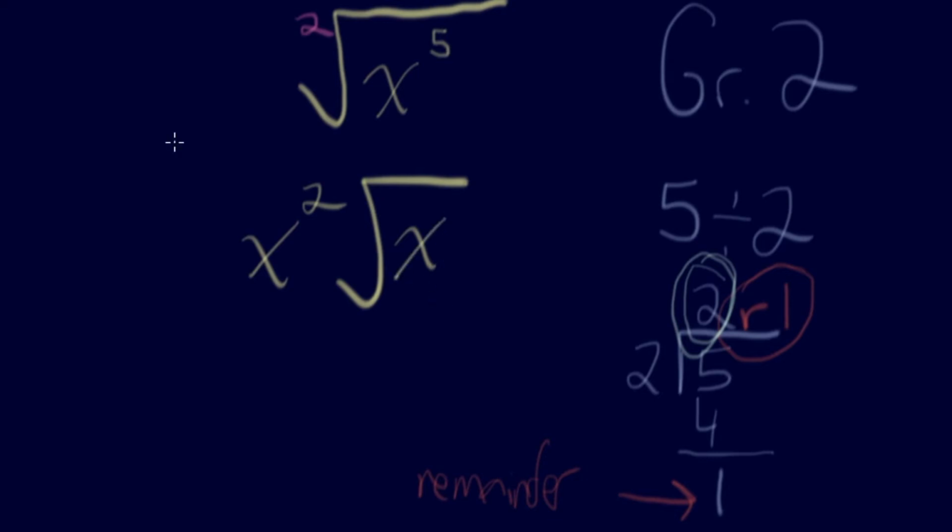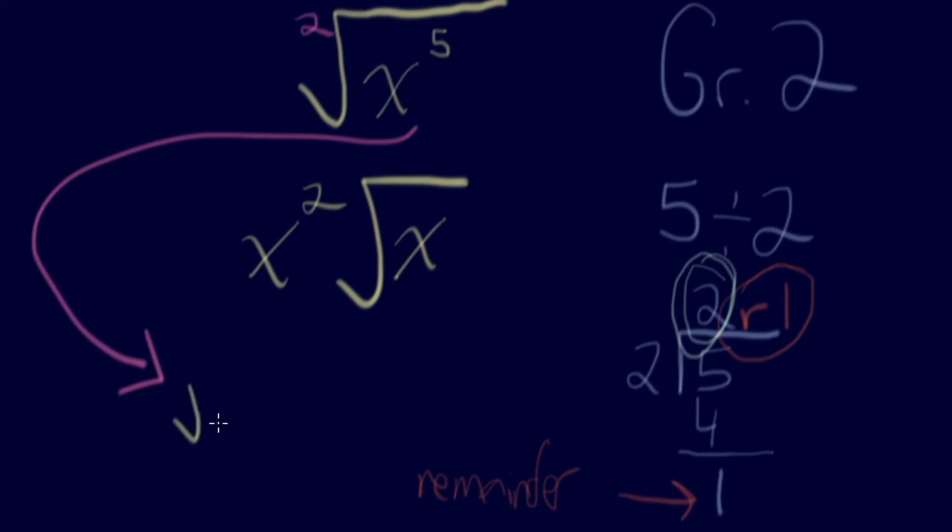Now, if you want a more mathy explanation of that, I'm just going to take this question and think of 2 numbers that multiply to give me 5, where 1 is a square number. It's a little bit different because when you multiply exponents, you're actually adding.